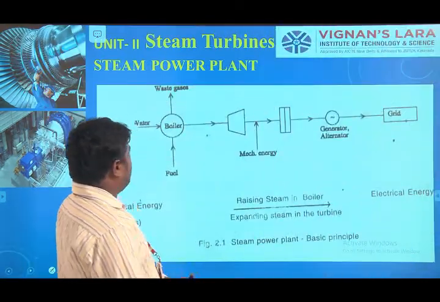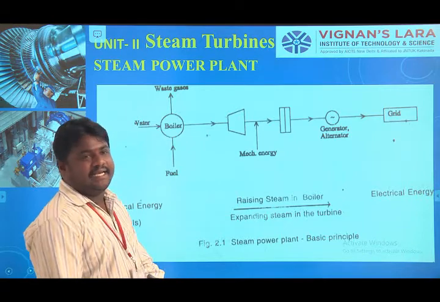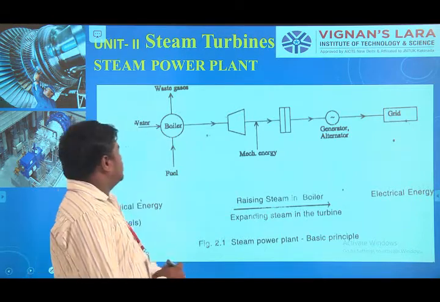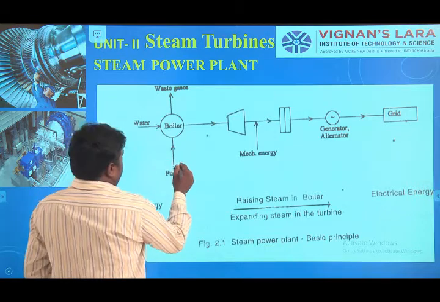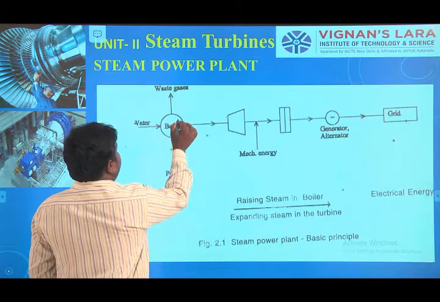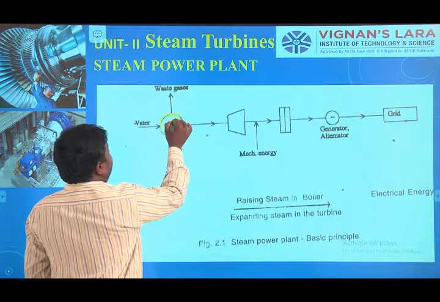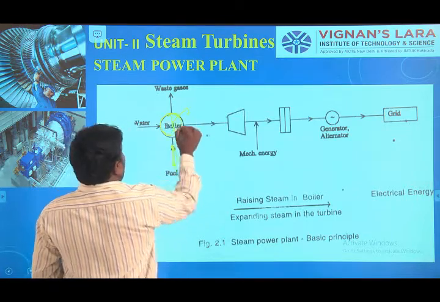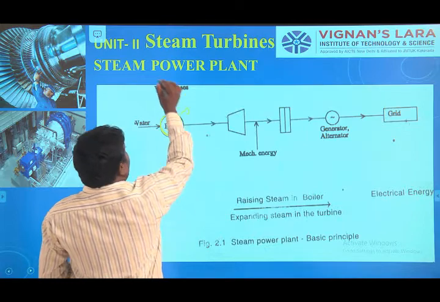This is the general basic principle of a steam power plant. We have to see this: water comes inside, and this is the boiler. Within it is the heater that heats the boiler, and the waste gases are sent out.